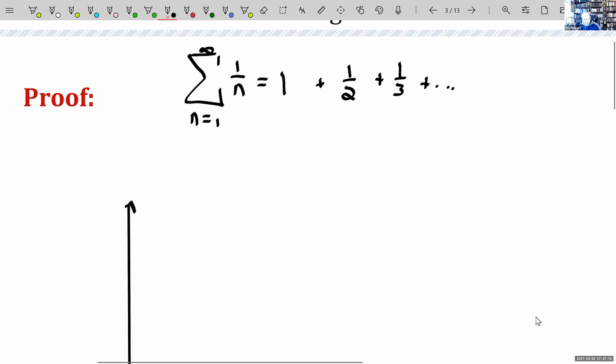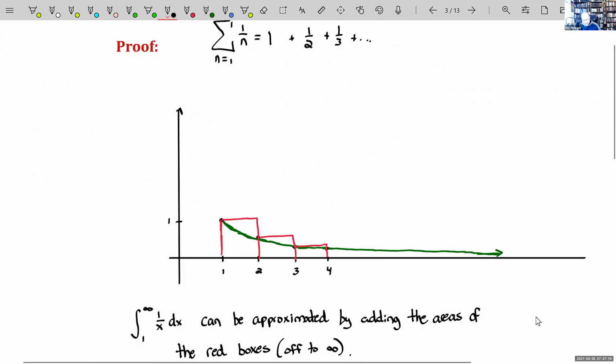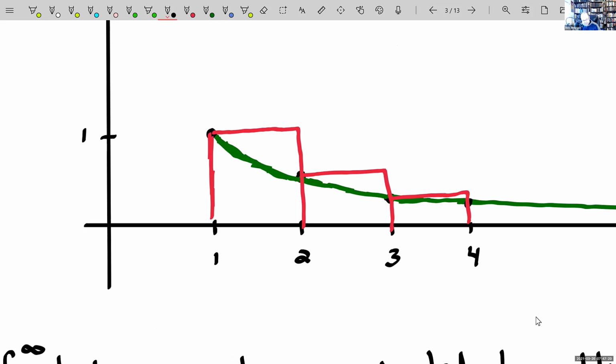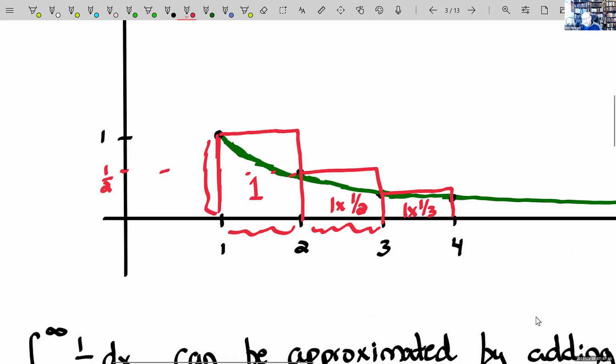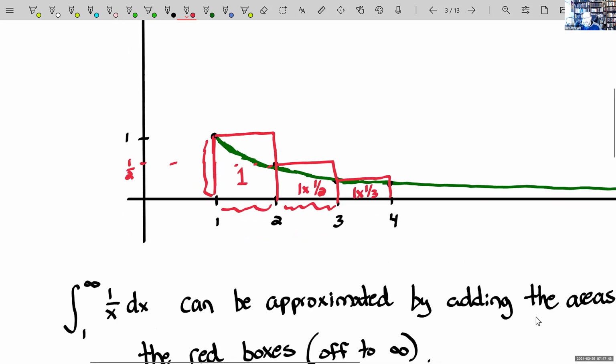If you look at these rectangles, the area of the first rectangle is 1, a 1 by 1 area. The next area is a 1 by 1/2, a width of 1 and a height of 1/2. The next one is a 1 by 1/3. That is, the area underneath those rectangles is actually the harmonic series: 1 plus 1/2 plus 1/3 plus 1/4.